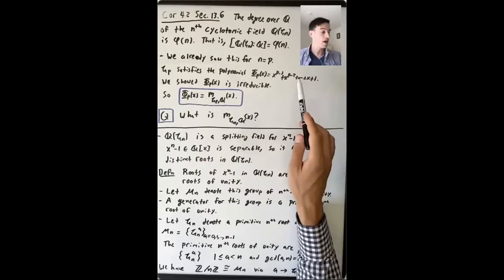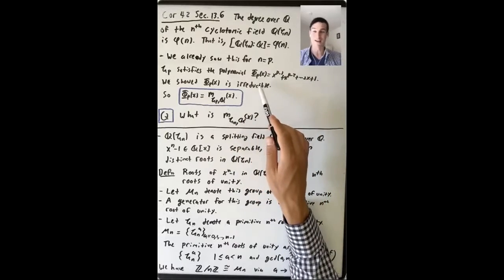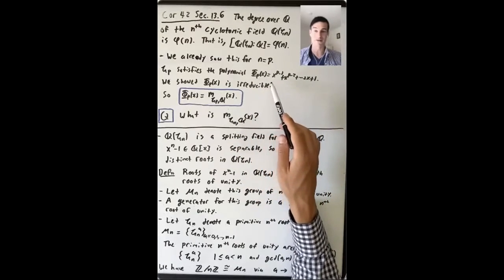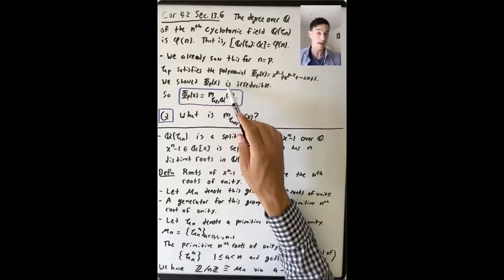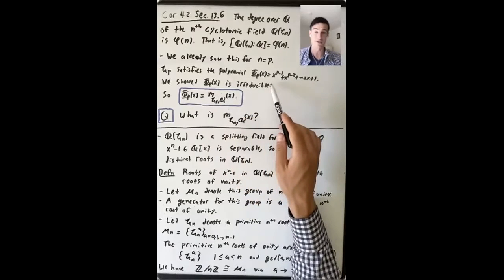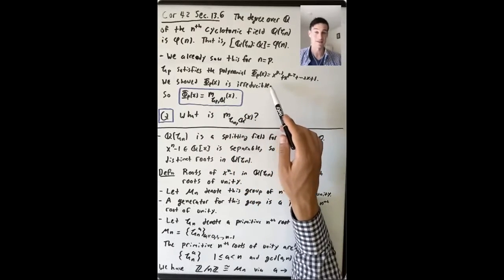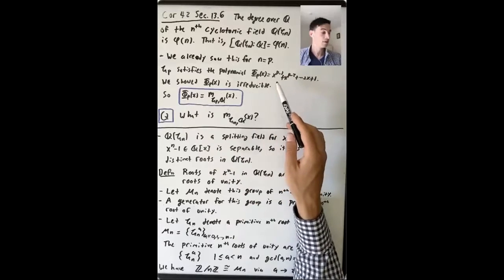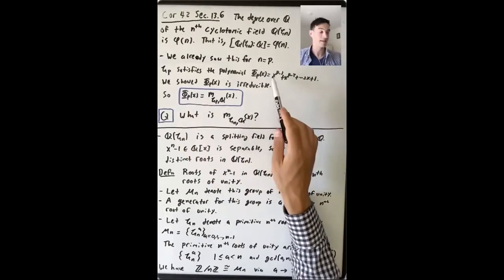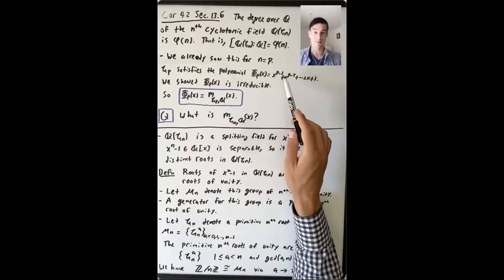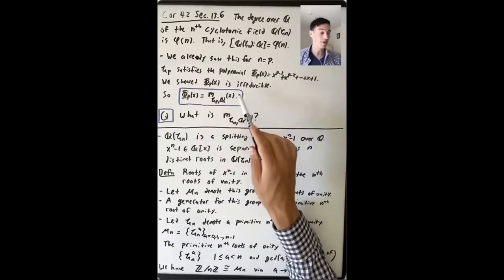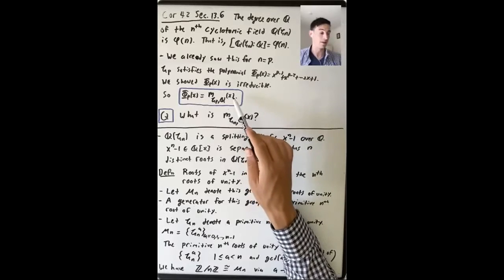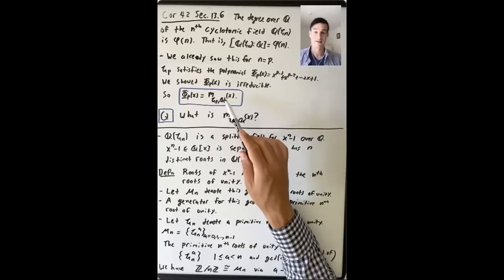We showed way back when we were talking about polynomial rings in Math 206b, by applying Eisenstein's criterion to phi p of x plus 1, that phi p of x is irreducible in Q[x]. So zeta p satisfies this monic irreducible polynomial of degree p minus 1. So that polynomial is the minimal polynomial of zeta p.